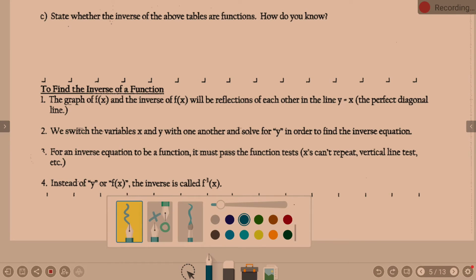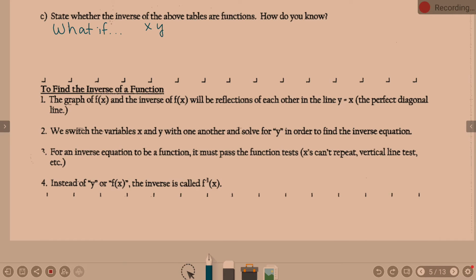I like my what if games, so what if these were the pairs? What if it was -5, 0, -4, 1, -3, 2, and -3, 3?